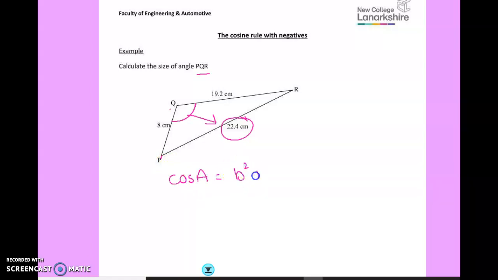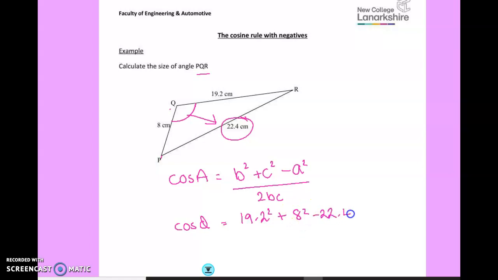Cosine rule, find an angle. Cos A equals b squared plus c squared minus a squared all over 2bc. So cos Q is 19.2 squared plus 8 squared minus 22.4 squared all over 2 times these two here. We're going to use 19.2 times 8.